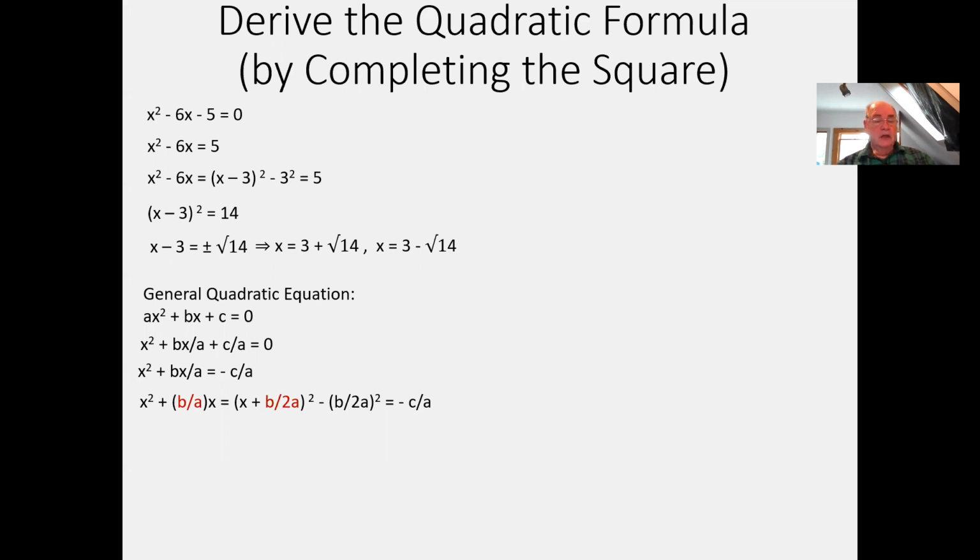Let's go ahead and continue the algorithm. Let's bring that new term, that compensating term, over. Notice I've got a 2A there and a 2A there on the right side. One is squared. Let me square that common denominator. I get a common denominator of 4A squared.